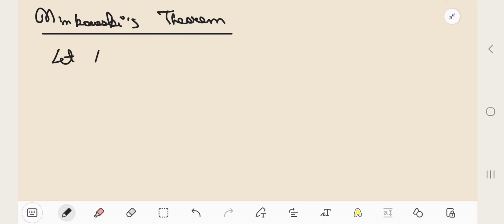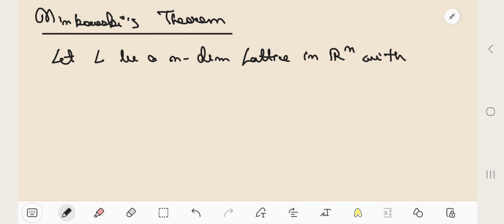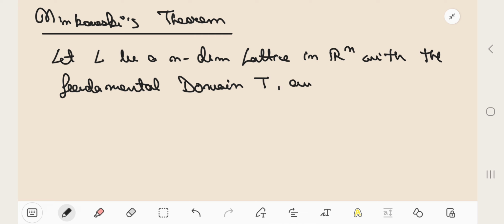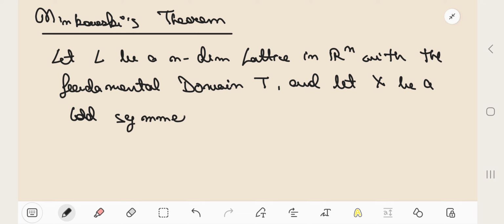So let L be an n-dimensional lattice in Rn with the fundamental domain T, and let X be a bounded symmetric convex subset of Rn.